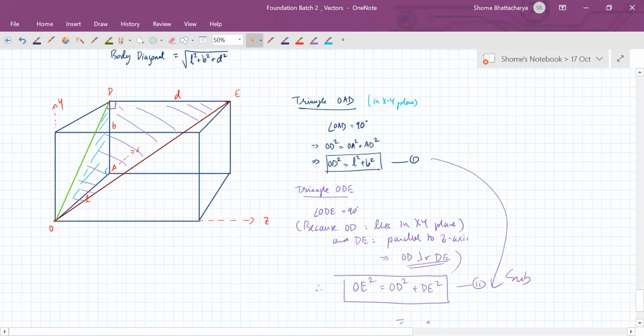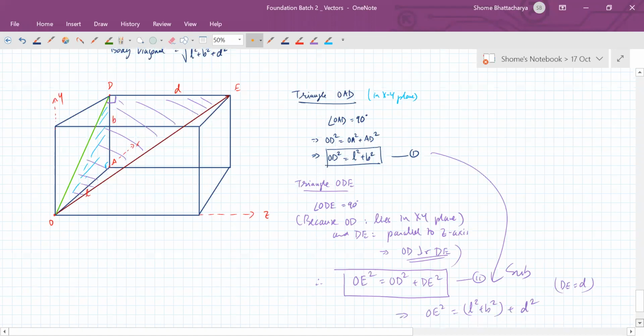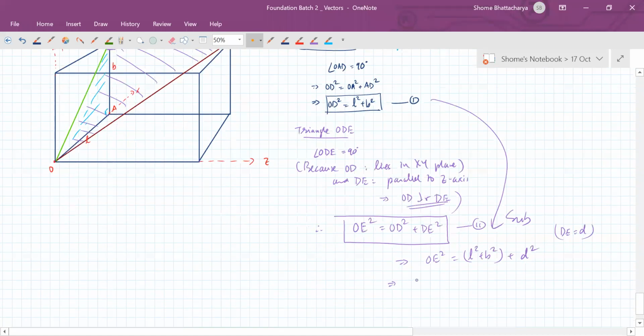So you'll get OE square is equal to L square plus B square plus D square, because of course DE is equal to D. So from this you can see that your body diagonal length is of this much.